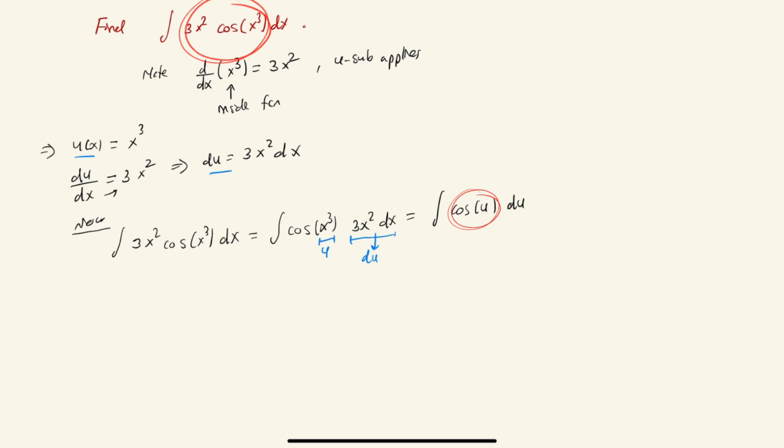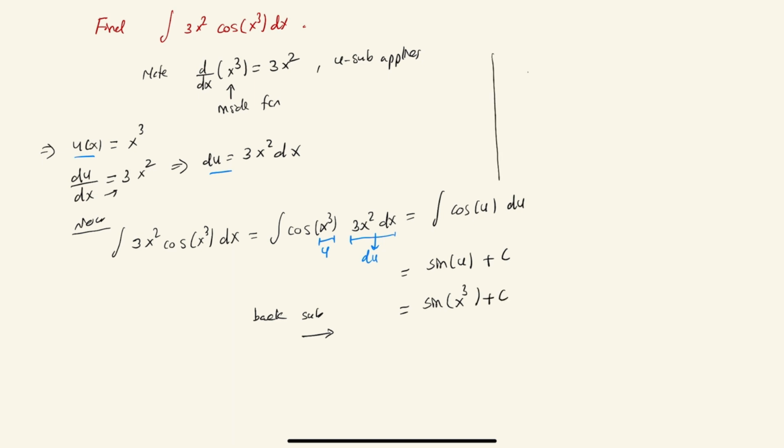Notice this is a way simpler form than the given function. We already know what the antiderivative of cosine of u is. It's going to be sine of u plus c. Now we can move to the second step, which is to back substitute the function of u. Remember, u is x cubed, so we'll have sine of x cubed plus c, and that is the resultant integral.